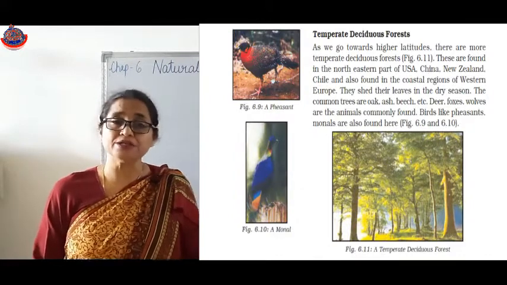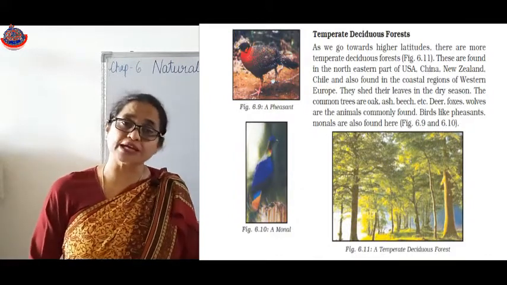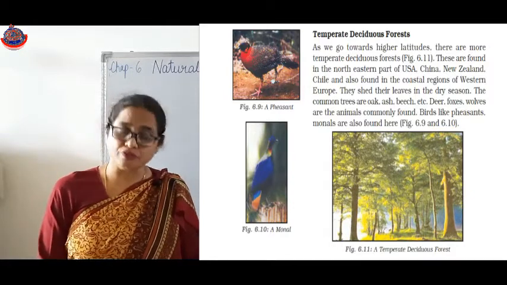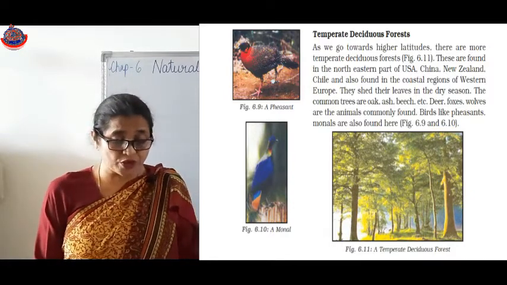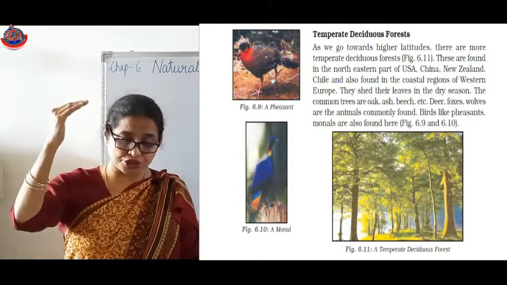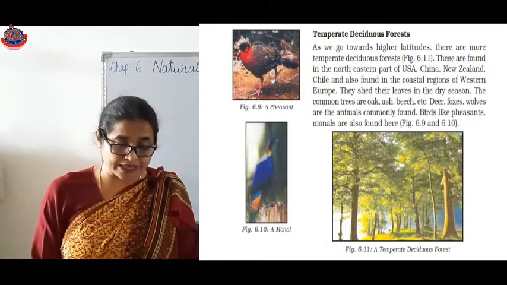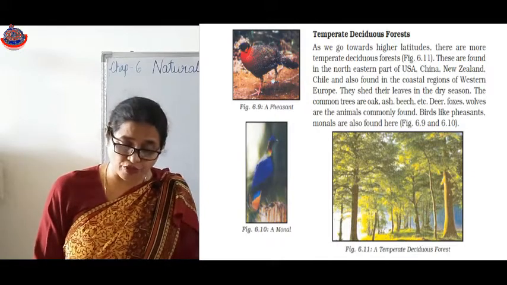The next kind of forest we are going to study is the temperate deciduous forests. As we go towards the higher altitudes or latitudes, there are more temperate deciduous forests.